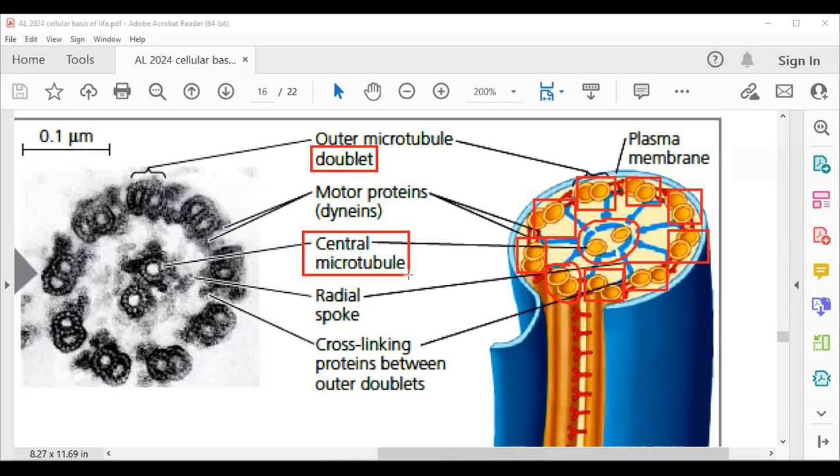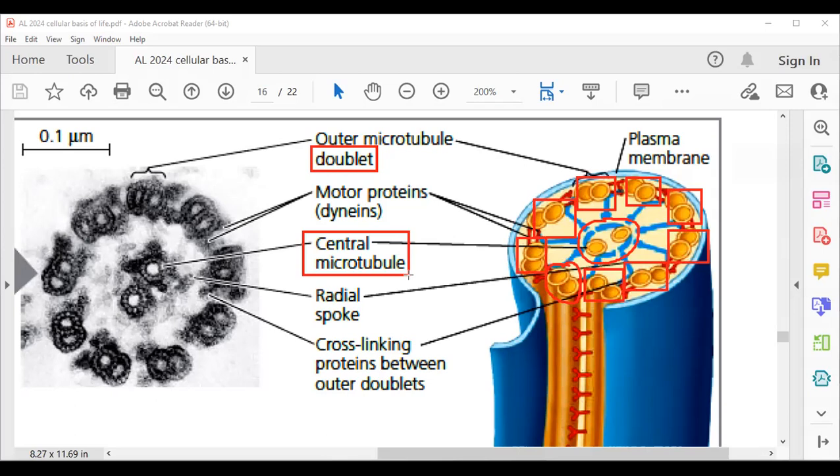Outer microtubules occur as doublets, while central microtubules are separate.